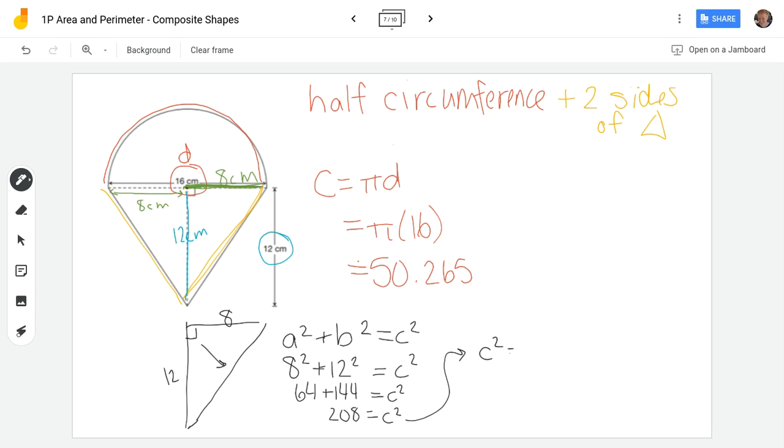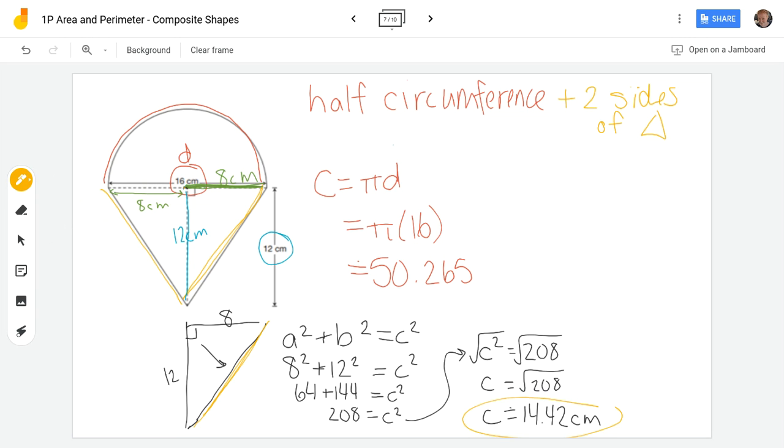So c squared is 208, which means that c will be the square root of 208, which means that c will be approximately 14.42 centimeters. So that is the yellow side of that triangle.